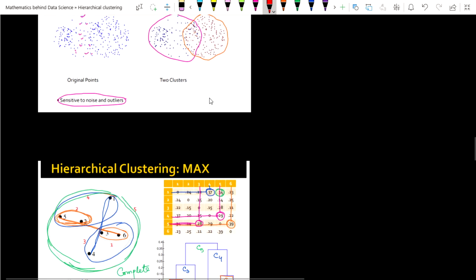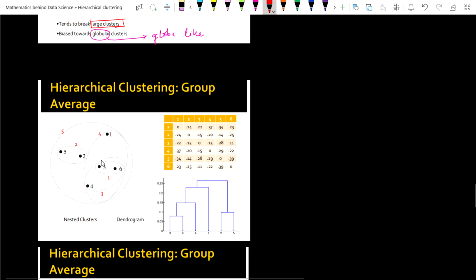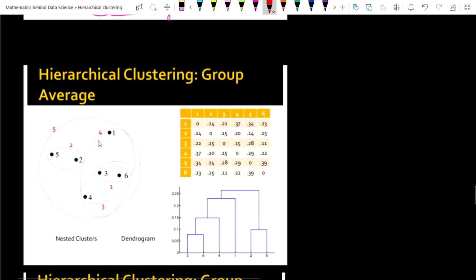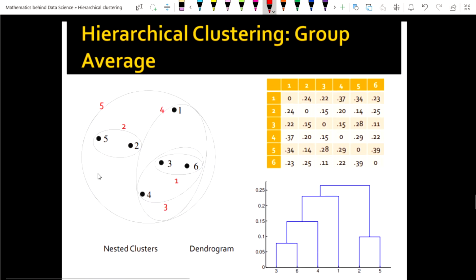By simply using the average value, we can easily build this kind of picture, and sometimes these are called group average pictures. So this is the group average technique that we will use to build this kind of nested cluster.